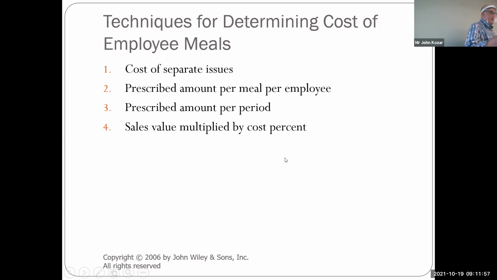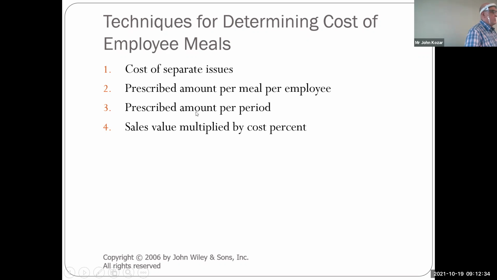You can also come up with a prescribed amount per meal per employee. So you could just say that you're going to allow $5 food cost per meal per employee. It wouldn't matter where the ingredients came from. And we'll see later why having an employee meal cost is going to mean something.